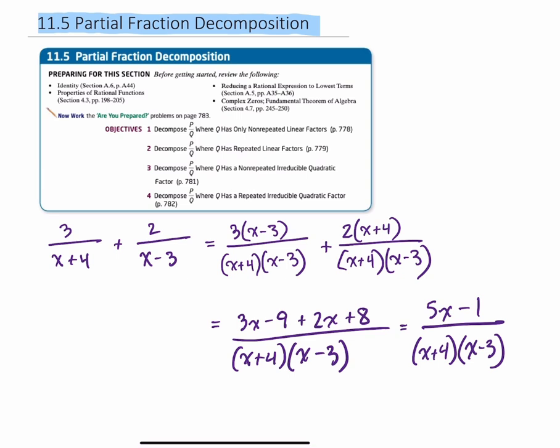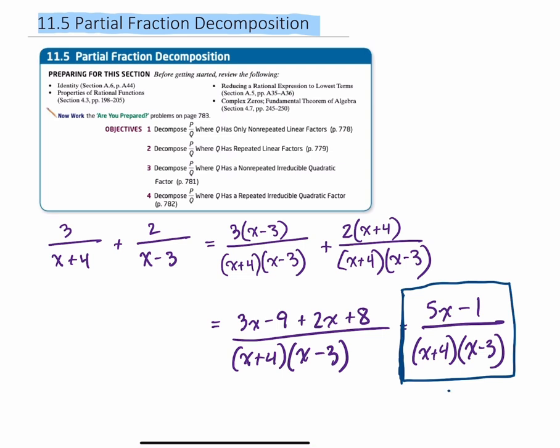So in partial fraction decomposition, we're going to do this process in reverse. We're going to start with something like what we have here. So some fraction with maybe some polynomial in the top, and in the bottom we have some factors that are multiplied together.